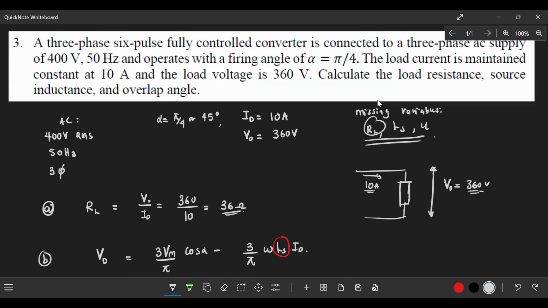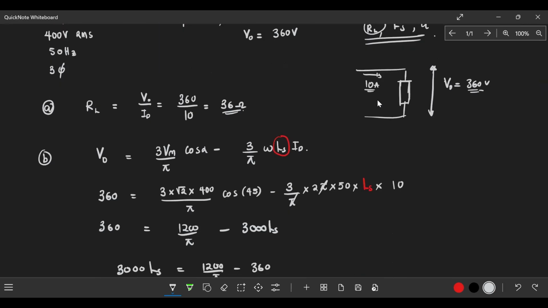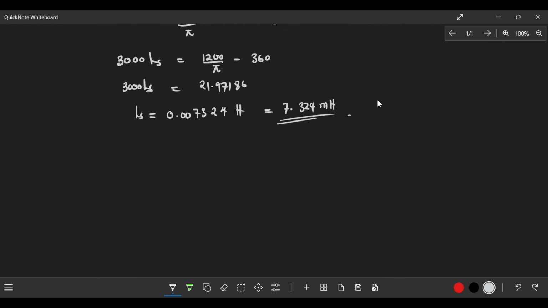And then lastly, we have to find the overlap angle. Of course, you know which equation to use this time around. So VO is simply equal to 3Vm over 2 pi, bracket cosine alpha plus cosine alpha plus mu.